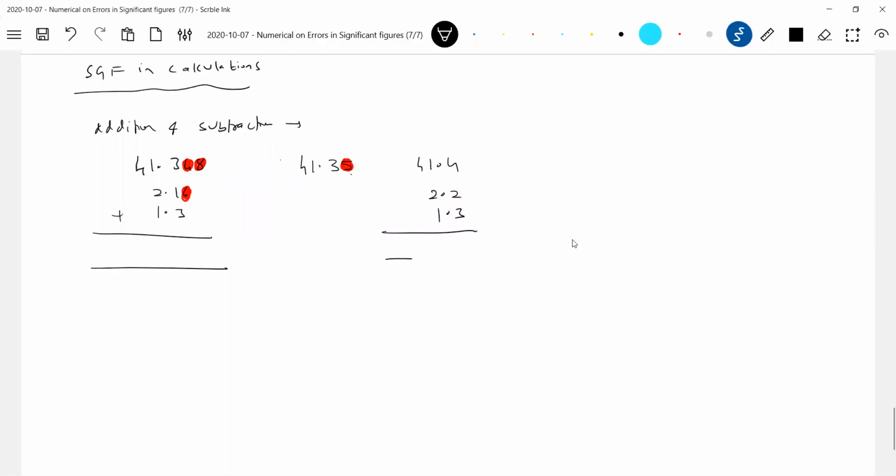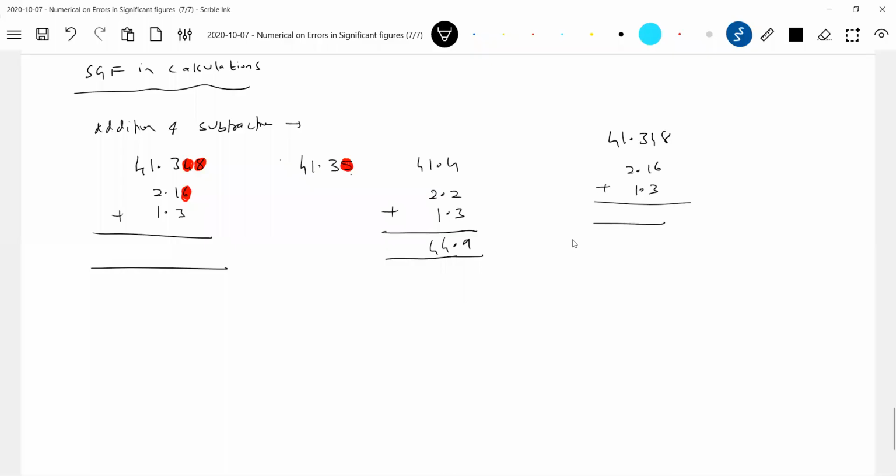Then you should add. Some books, I don't know, they add first and then do the operation. I think that's wrong. You have to do it like this. Now we'll add up: 41.4 plus 2.2 plus 1.3 is 44.9. Some books give another procedure, and definitely I can say it's a wrong thing.